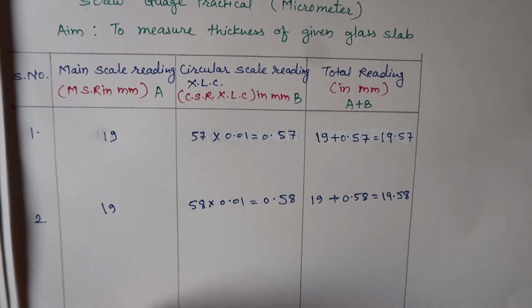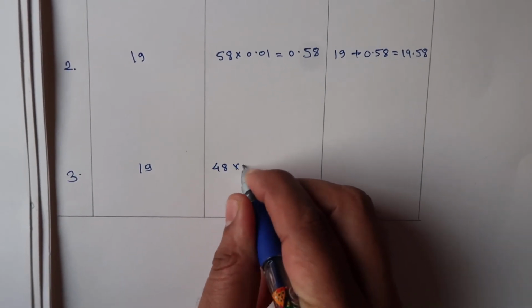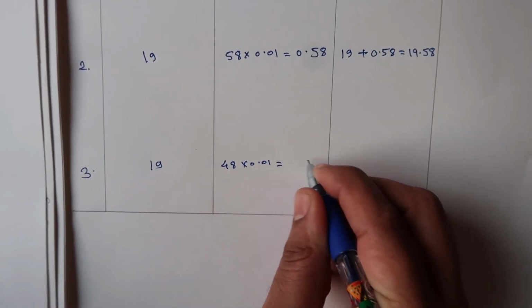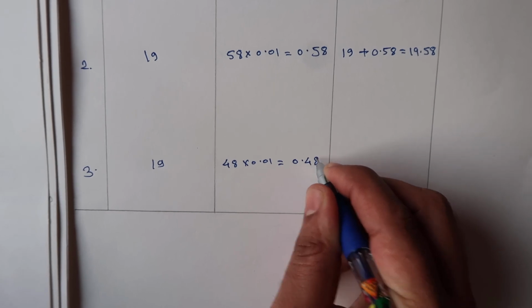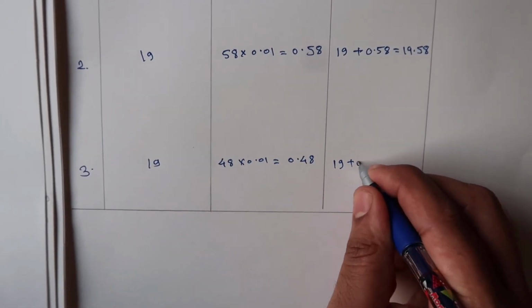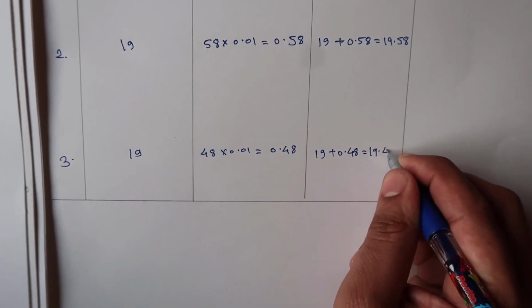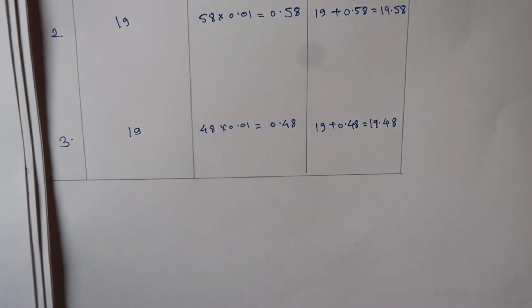This is 19, this is 48 into 0.01, so which makes it 0.48. Then add these two values. So we have these 3 readings with us now.